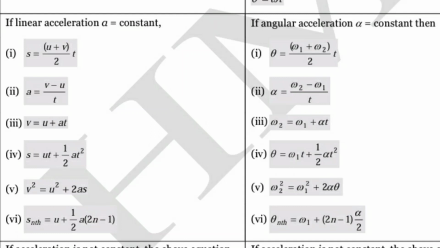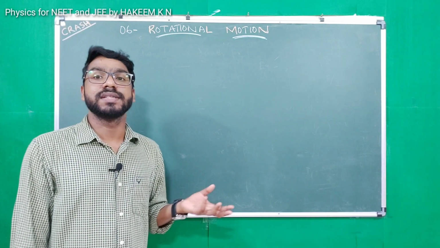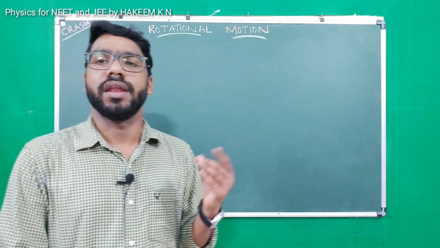Omega 2 equal to omega 1 plus alpha t, alpha equal to omega 2 minus omega 1 by t, theta equal to omega 1 t plus half alpha t square, and omega 2 square equal to omega 1 square plus 2 alpha theta, and theta n, the nth angular displacement in nth second, is omega 1 plus alpha by 2 into 2n minus 1, or half alpha into 2n minus 1. This equation we once discussed in the chapter motion in a plane.